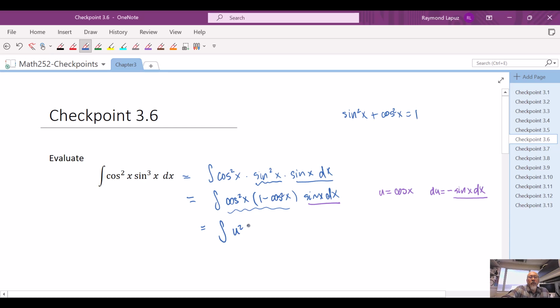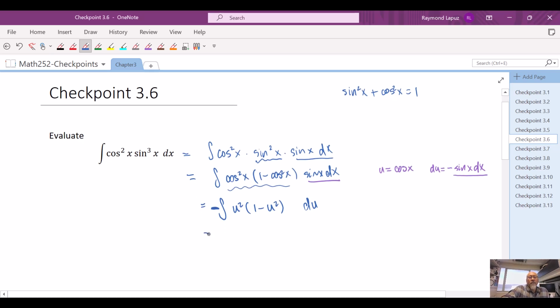This is u squared, this is 1 minus u squared, and then we have du. Well, there's going to be a negative sign, so we'll put the negative sign out in front since it's just a constant. And then we have a negative integral of u squared minus u to the fourth du.